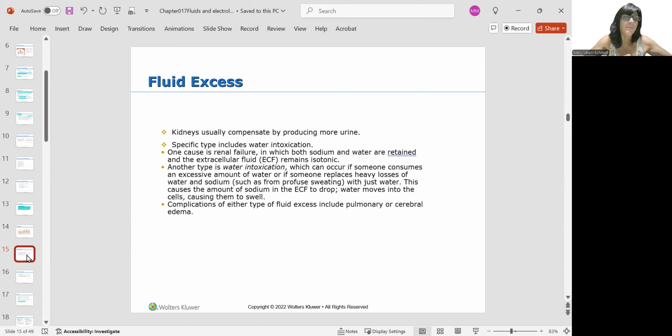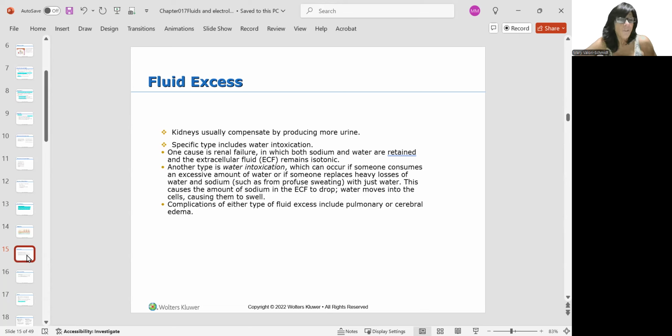So now on the other hand, you can have fluid excess. If you're a healthy adult, the kidneys will usually compensate, right? But there is one thing that's very dangerous, and it's called water intoxication. Yes, that's a real thing.